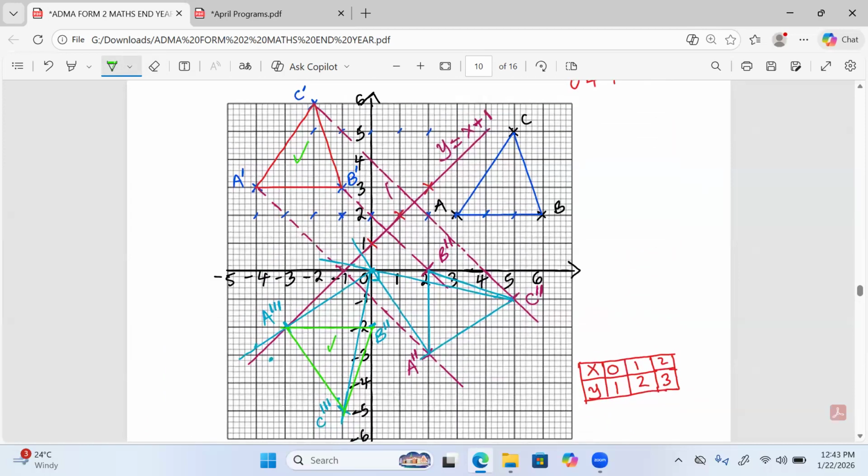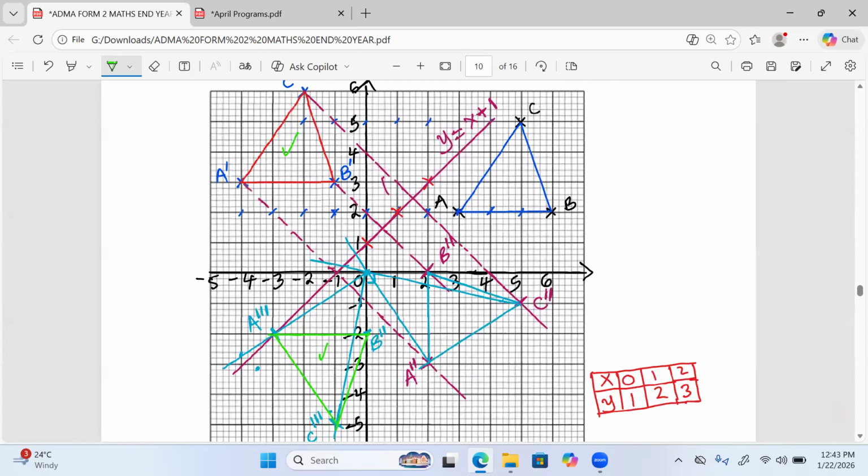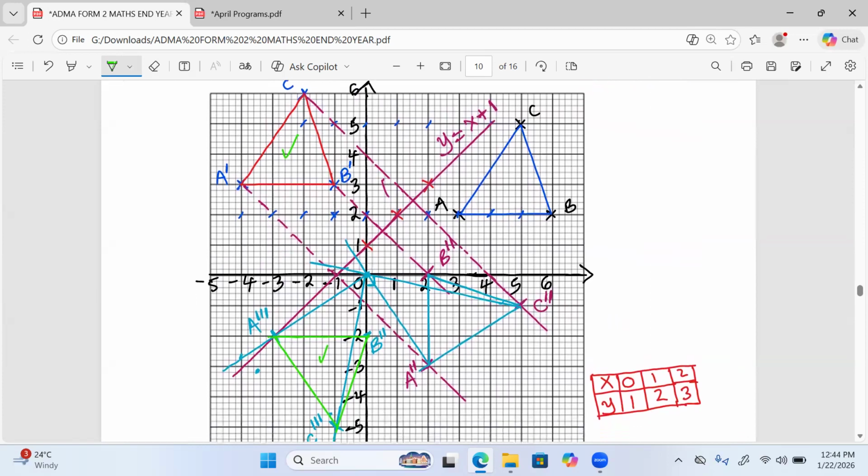Later you can identify the mirror line that can be used to map one onto the other. But basically, it is a reflection.